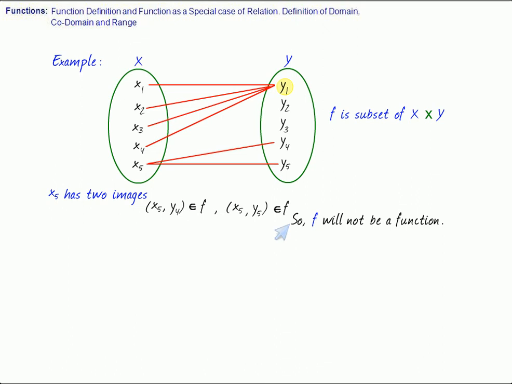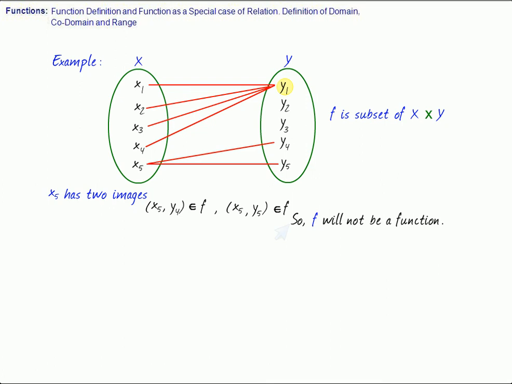So once again, a function F from capital X to capital Y is a subset of X cross Y, such that there is an ordered pair beginning with every element of X, and two different ordered pairs cannot have the same first entry. This is the first definition of function.